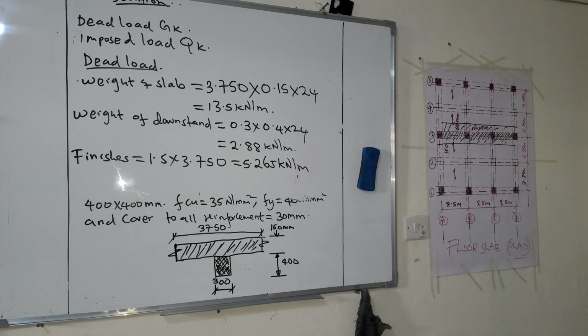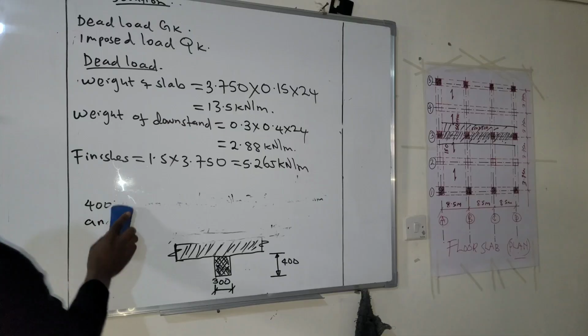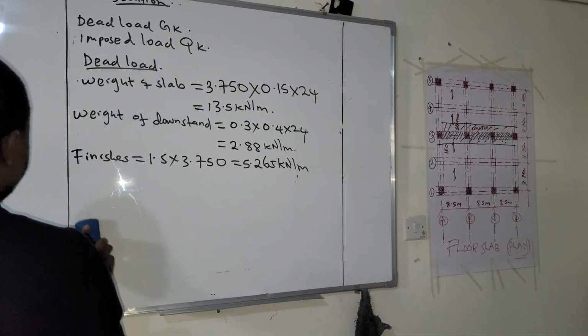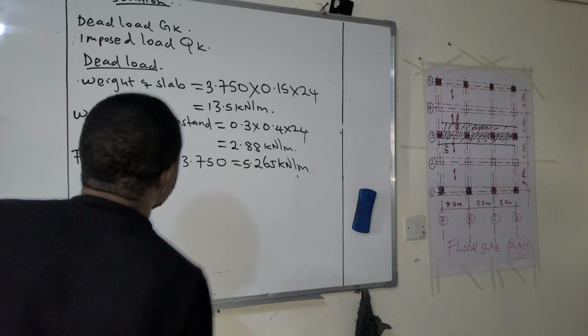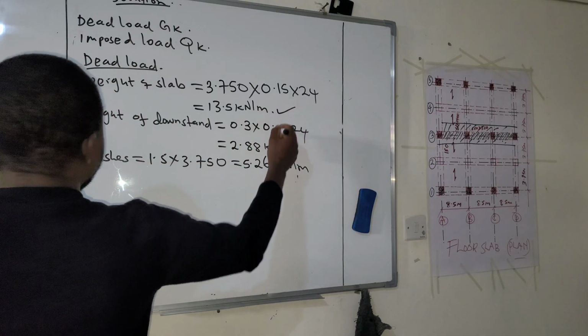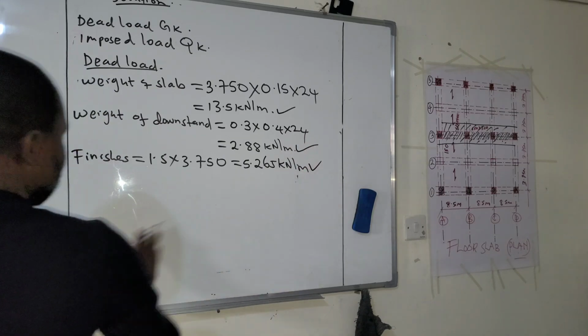So that is all about the dead load. So we will get the total of the dead load, which is equal to the weight of slab plus weight of downstand plus weight of finishes.